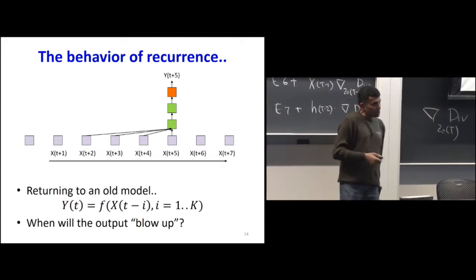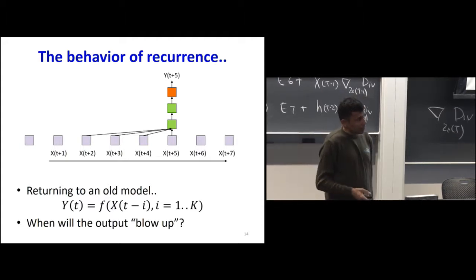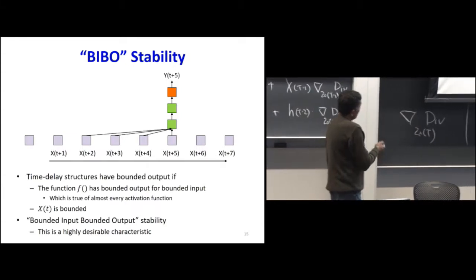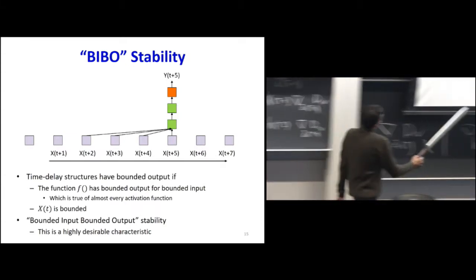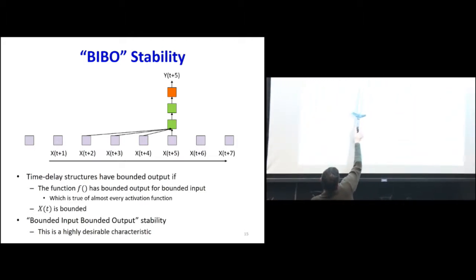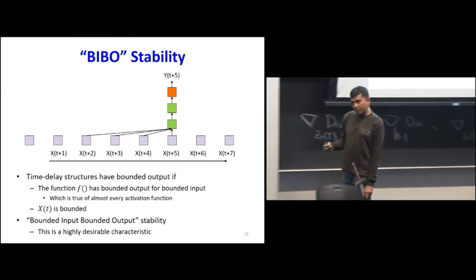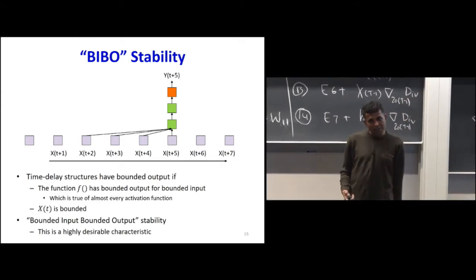So the output is limited in the largest value it can take. This is what we will call BIBO stability, which is to say bounded input, bounded output stability. It's a highly desirable characteristic, and you would like your structures to be BIBO stable.